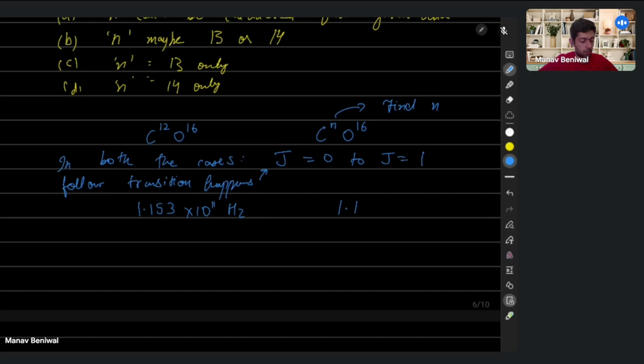So we have performed the same experiment on both molecules, but we are getting different frequencies in the absorption spectrum. The frequency of the isotope molecule is slightly less than that of carbon 12.